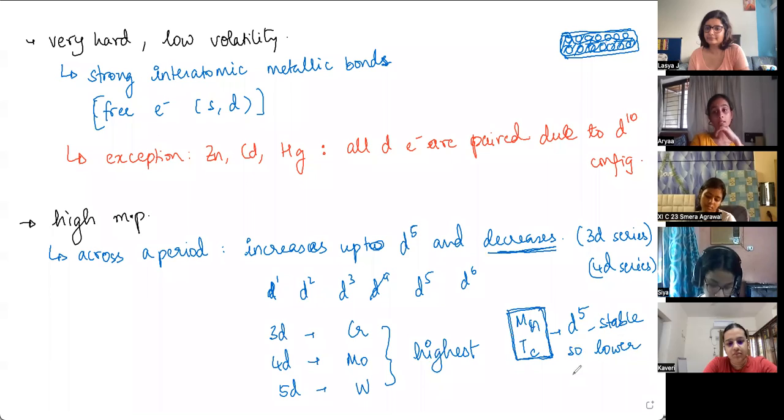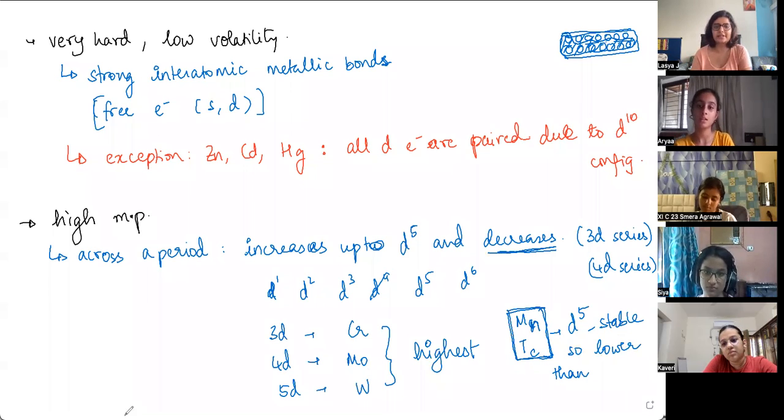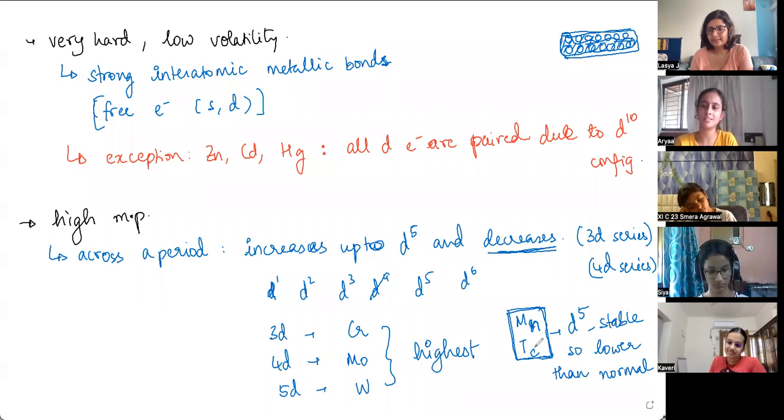So it starts decreasing from manganese, technetium, and whatever it is, and the tungsten, right? No, tungsten is the highest. So the one after tungsten, rhenium, from there it starts decreasing. I mean, for 3d and 4d, it decreases after manganese and technetium.